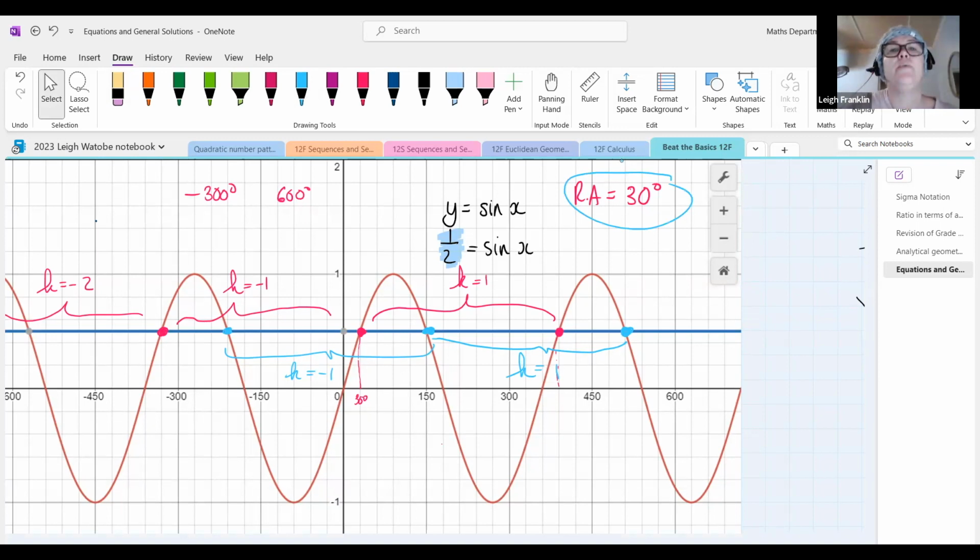It's your starting point. Does that make sense, Amahle? And then you are either going to jump in multiples of 360 going forwards or in multiples of 360 going backwards, depending where they want you to solve. Does that make more sense? There we go. So you find your RA as your starting point.